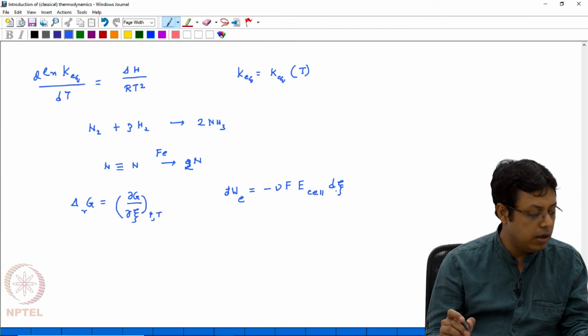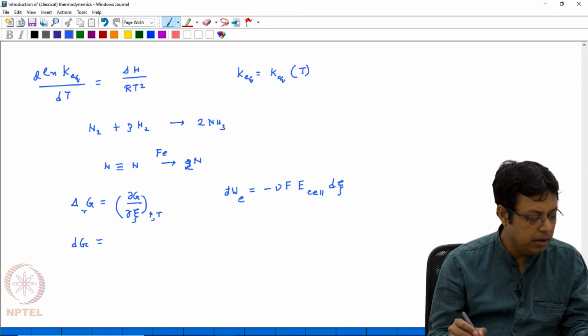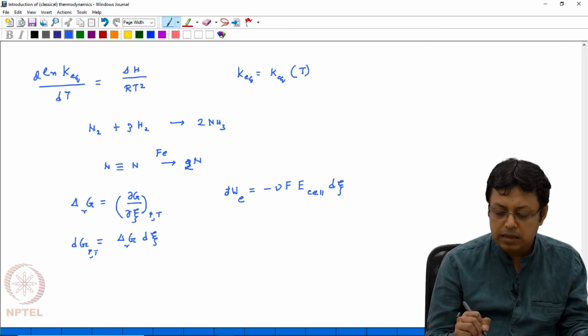So we can now think that this dG will be equal to ΔrG times dψ. Of course, this is at constant pressure and temperature.